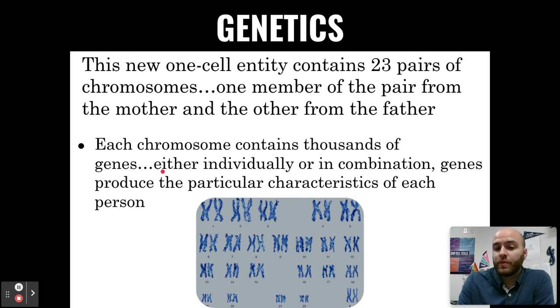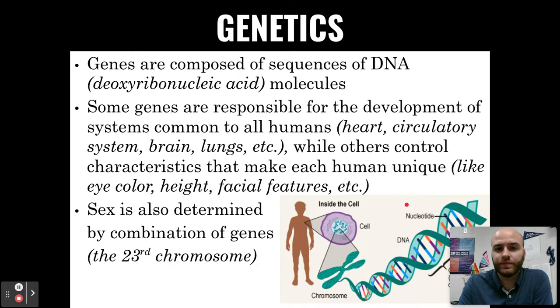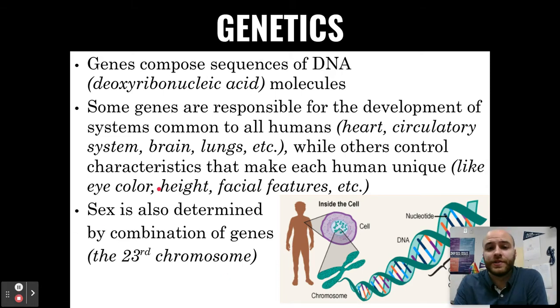Each chromosome contains thousands of genes. Either individually or in combination, these genes produce the particular characteristics of each person. And down here you can see the 23 pairs of chromosomes within a certain person. Now, genes are also composed of sequences of DNA, or deoxyribonucleic acid, right?